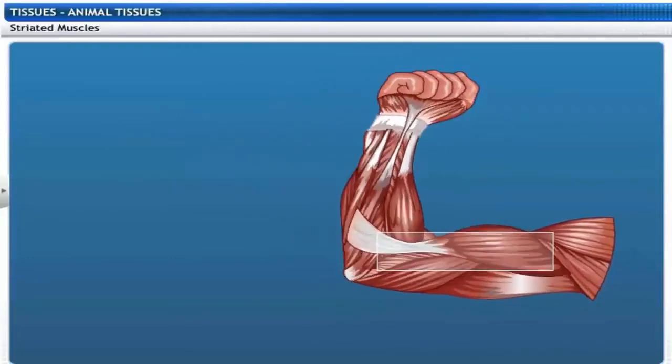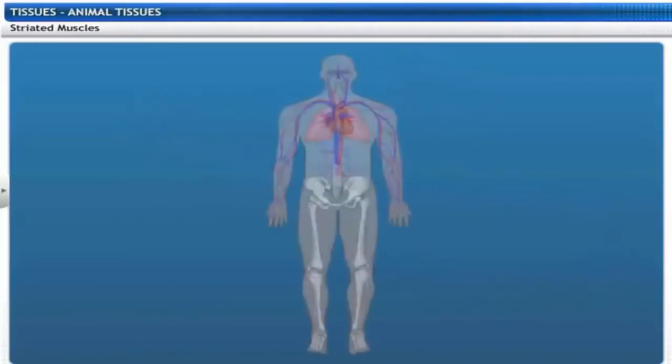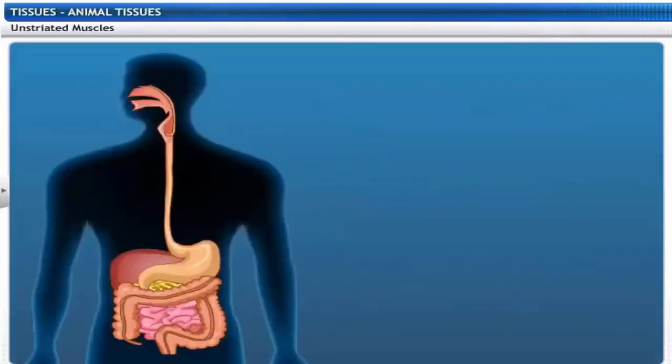See how the food is pushed down the alimentary canal by the contraction and relaxation of muscles. This process is done by the unstriated muscles, which are spindle-shaped with one nucleus.